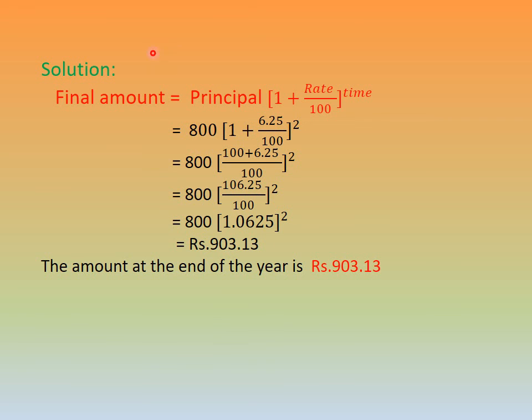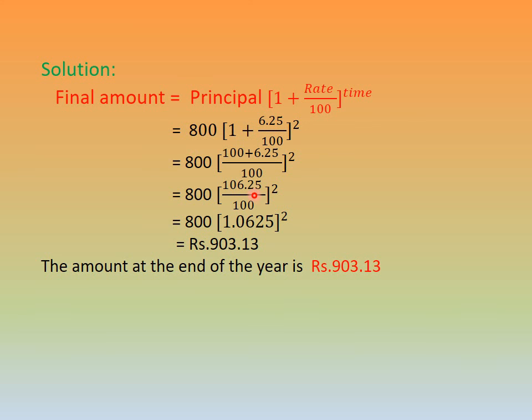After writing the formula, final amount is equal to principal amount times 1 plus rate over 100 raised to the power time. As time was half yearly and in a year there would be 2 terms, 2 periods, so we will put time equal to 2. Rate would be half, 6.25. Similarly solve it.